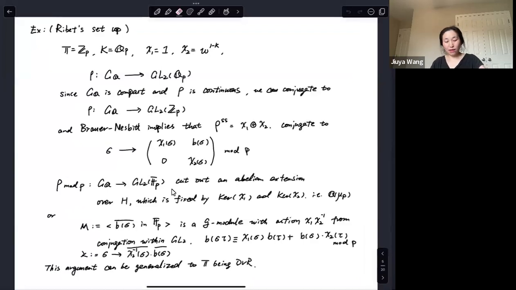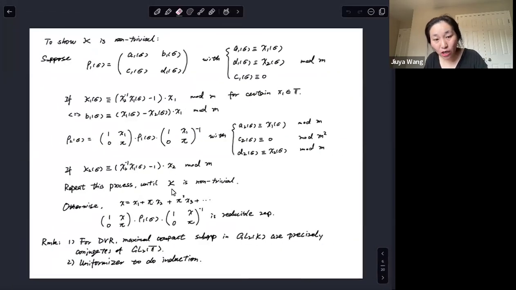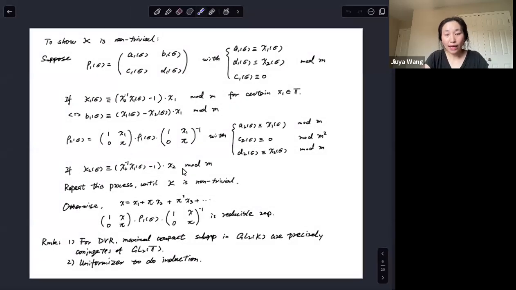Now this finishes the first task, which is to construct some algebraic object. The next task is to show that this algebraic object is large. In order to show that this cocycle is non-trivial, we can follow the original argument of Ribet in his paper.